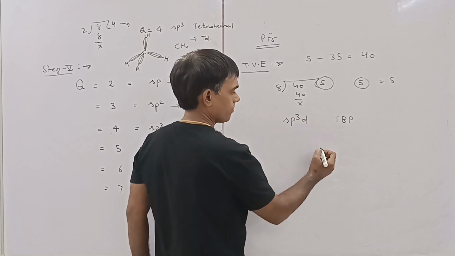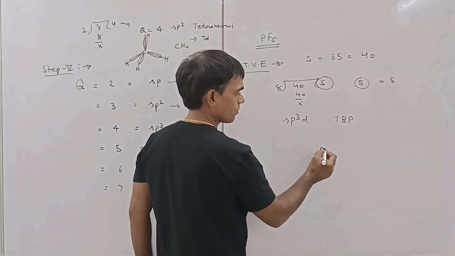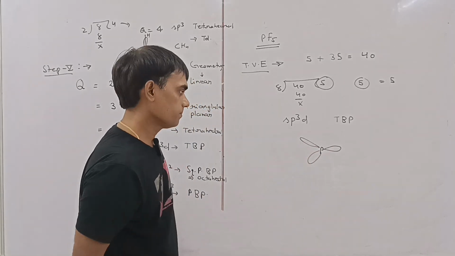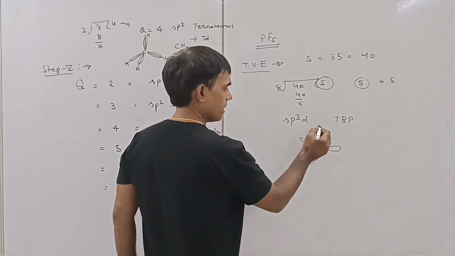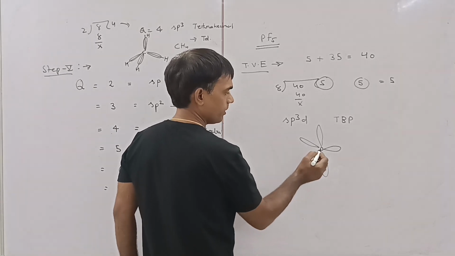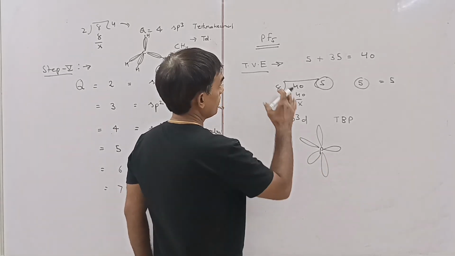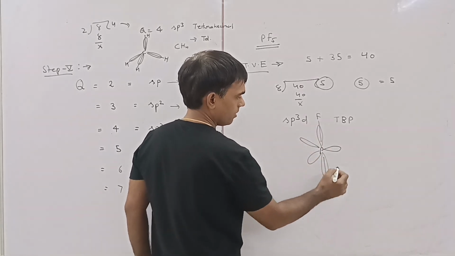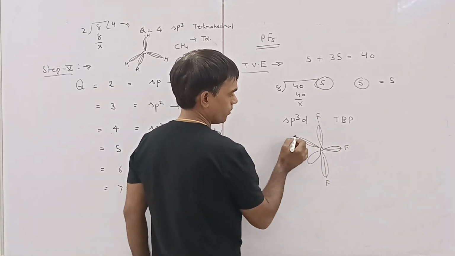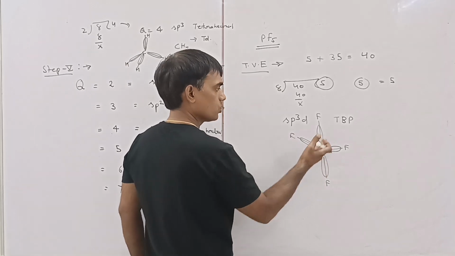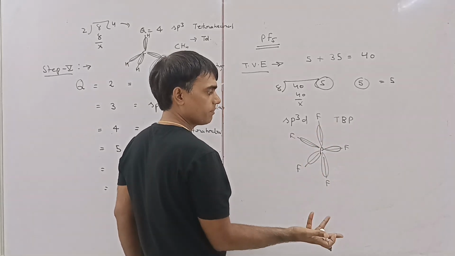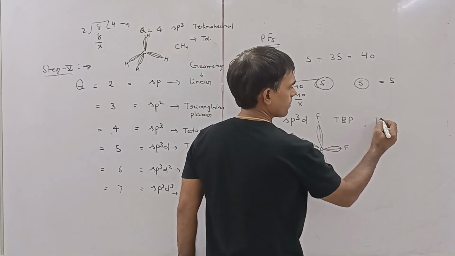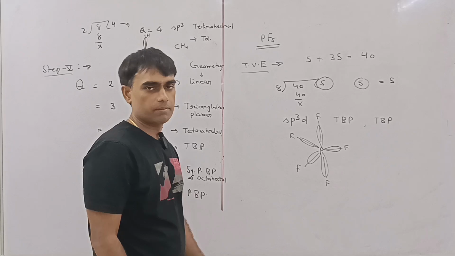This is phosphorus with 3 lobes in one triangle, 1 lobe above this plane and 1 lobe below. Now 5 fluorine atoms are available, all 5 positions are occupied, so the shape will also be TBP, trigonal bipyramidal.